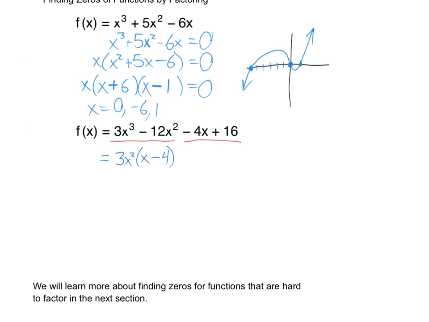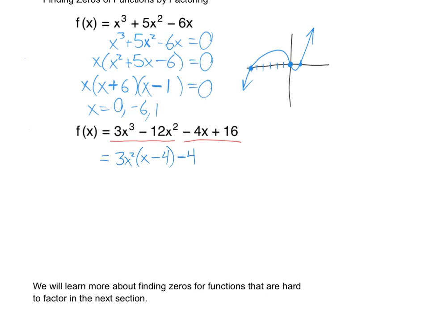And then as I look at the last two terms, what would be the common factor there? We could do 4 or we could do negative 4, okay? And one little tip here is anytime that the first of the two is negative, go ahead and take it out with the common factor.